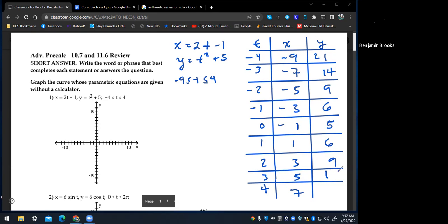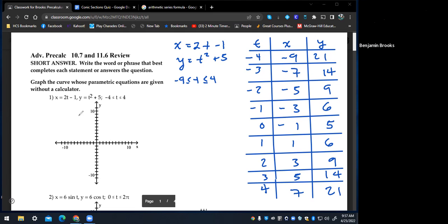You should see the pattern emerging. That makes sense because you have t squared, which is a what kind of shape? Parabola, exactly. It is definitely a parabola.